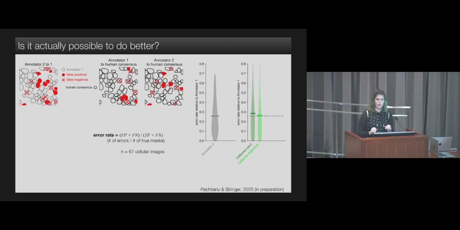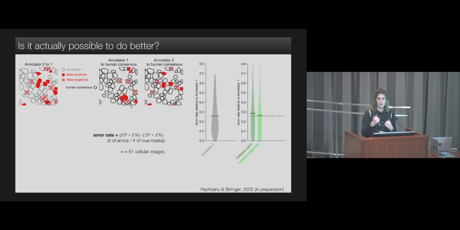So you can imagine if we had a human consensus, let's say we had 100 humans label this image, and that's this human consensus shown in black, we'd actually get fewer errors if we compare annotator 1 to human consensus than when we compare annotator 1 to annotator 2. We'll get fewer false positives because the human consensus will have fewer errors than annotator 1, and we'll also get fewer false negatives because we'll have fewer of those misses in the human consensus.